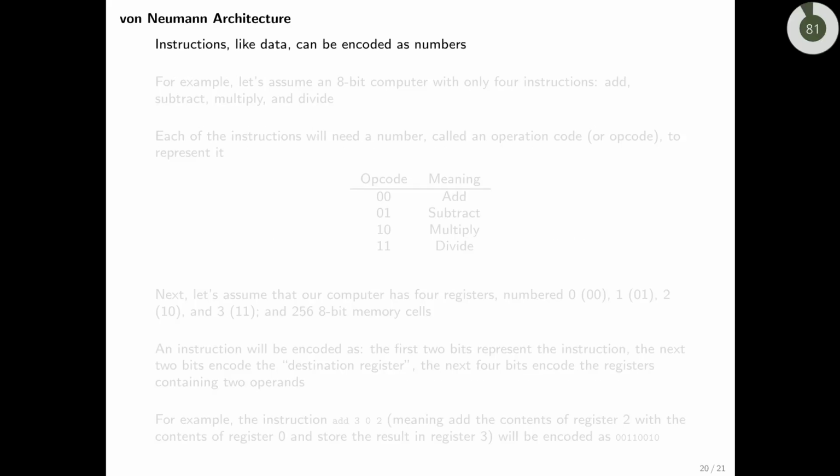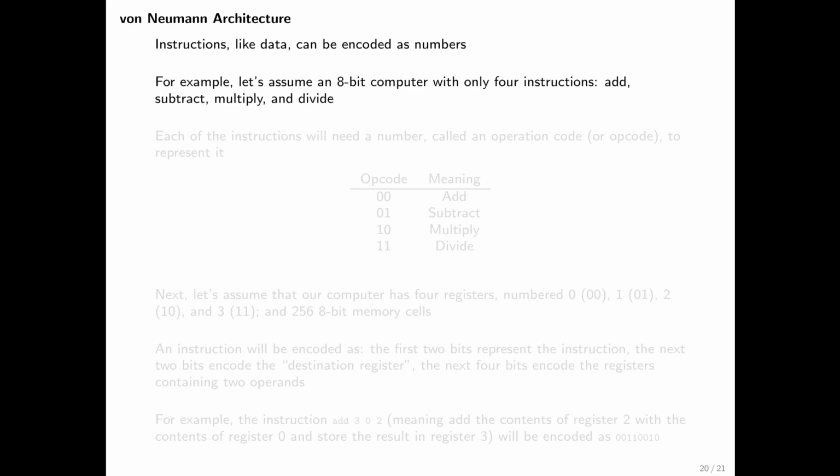Let's get somewhat concrete and talk about a particular example. It turns out that instructions, just like data, can be encoded as numbers. Let's say we have an 8-bit computer that allows only 4 arithmetic operations: addition, subtraction, multiplication, and division.